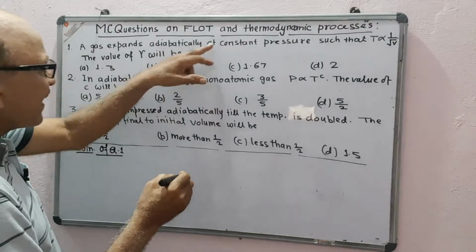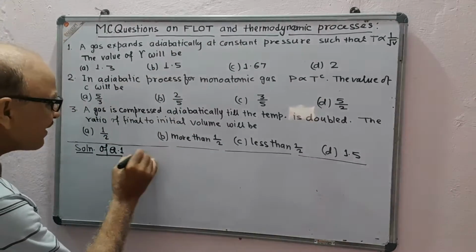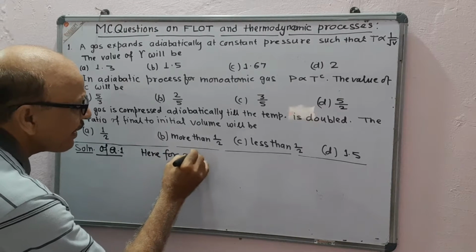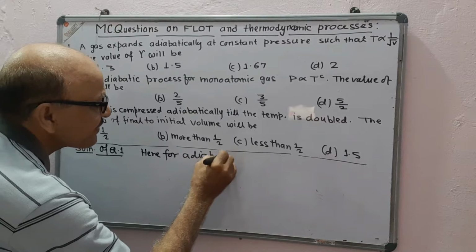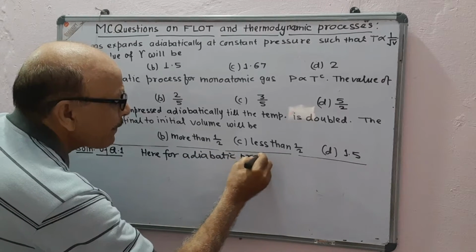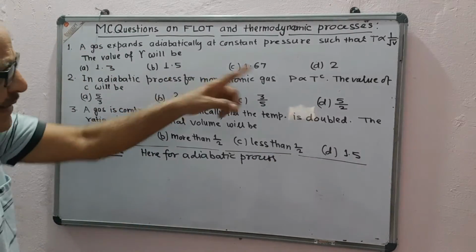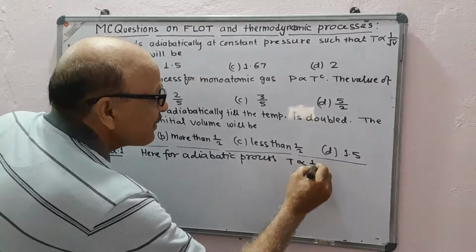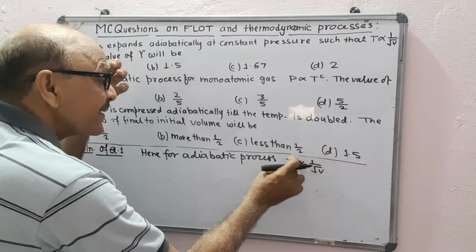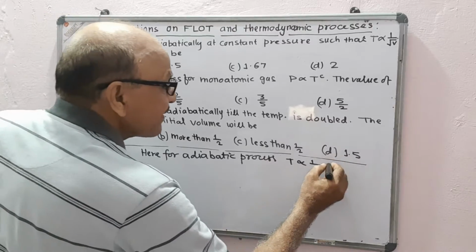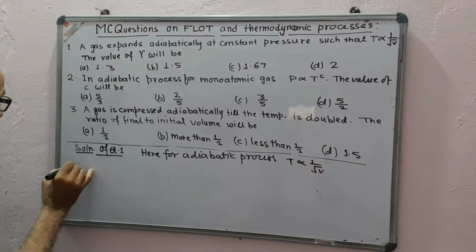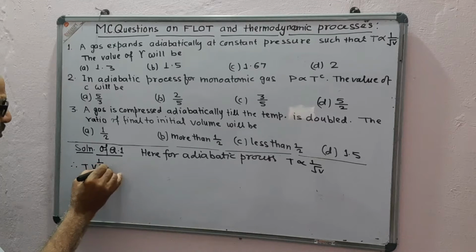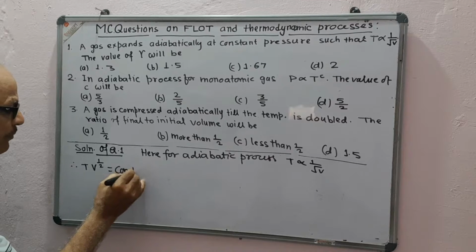Here, for an adiabatic process, T is directly proportional to 1 upon root V, which means that T into root V must be constant, that is, T into V to the power 1 by 2 is constant.